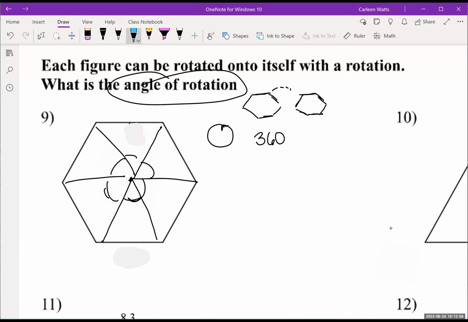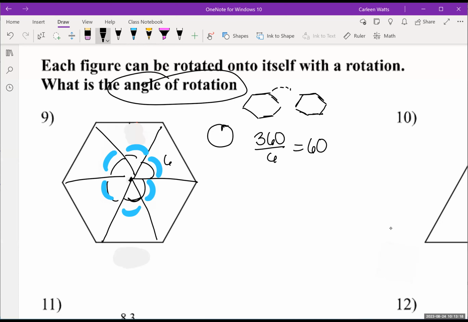And how many of these do I have? 6, right? So I'm going to take 360 and divide it by 6 and get 60.